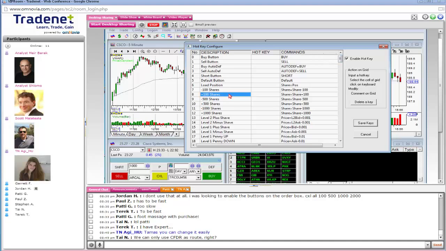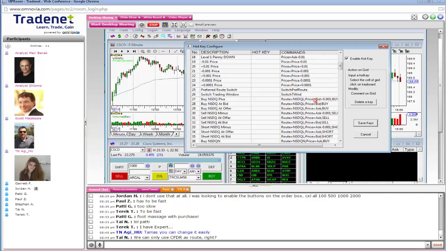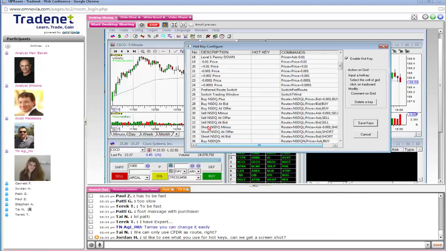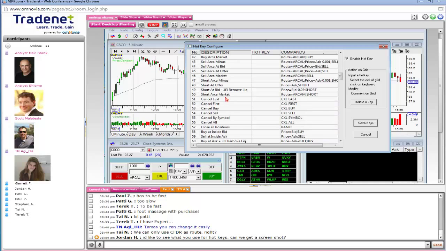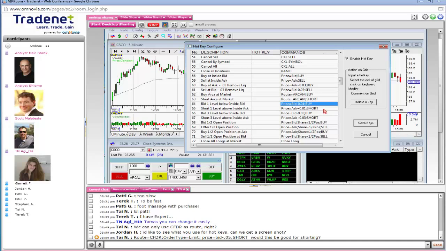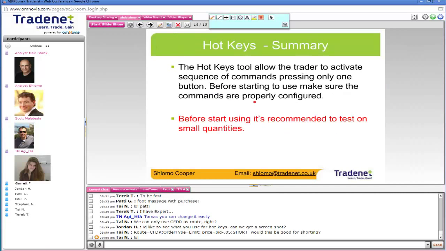Let's say I'm going to use one of the hotkeys that is already prepared here, and you can always take one. You don't have to reinvent the wheel from scratch. You can just scroll down and understand the language. It's a very simple language, and then adjust the things you need in order to have the order you want. So what I suggest to you is to try to learn it.